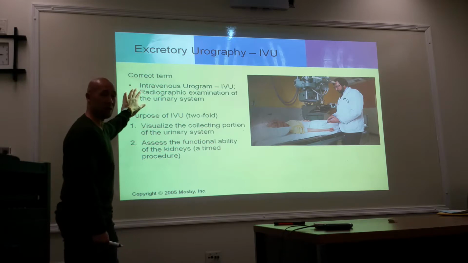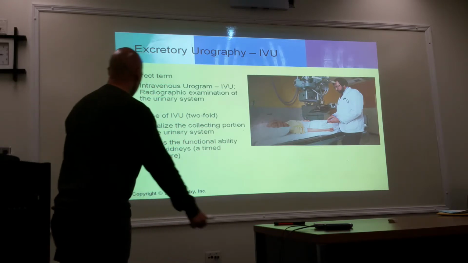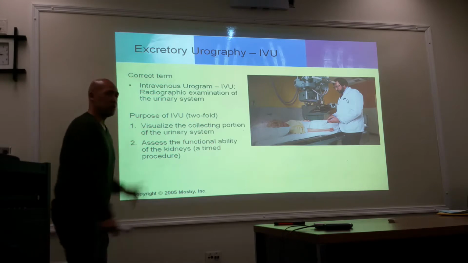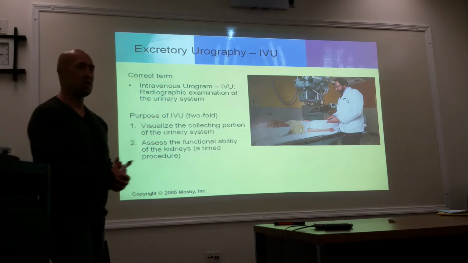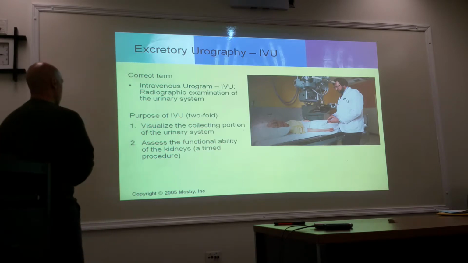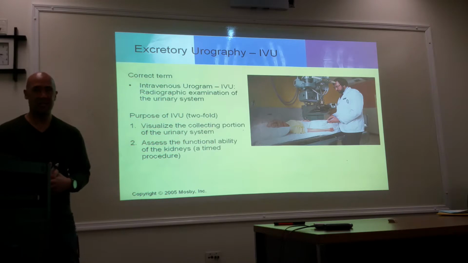So this is the better terminology that we use, okay? So intravenous urogram, or IVU, is a radiographic examination of the urinary system. The purpose of an IVU is twofold. The first one is to visualize the collecting portion of the urinary system. And number 2, to assess the functional ability of the kidneys.